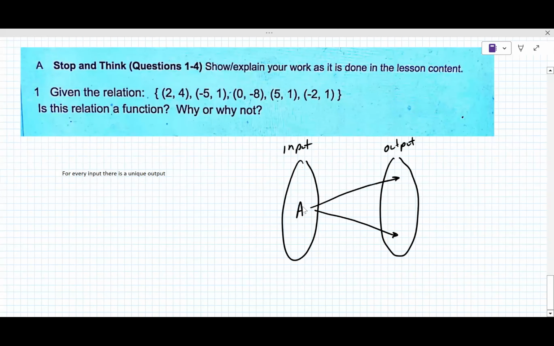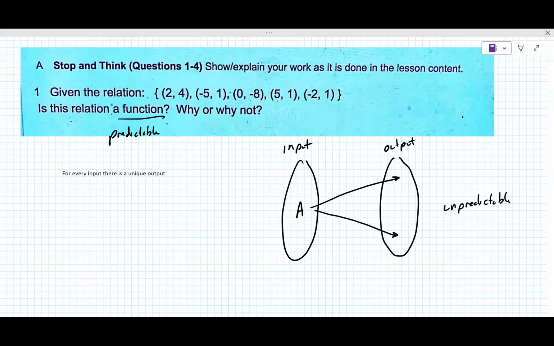That would be really weird because you don't know whether it's going to go to this one or this one. So it's unpredictable, and functions are supposed to be predictable. You shouldn't have to wonder what's going to happen.